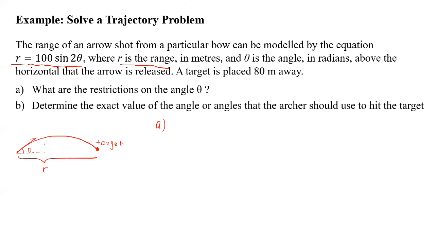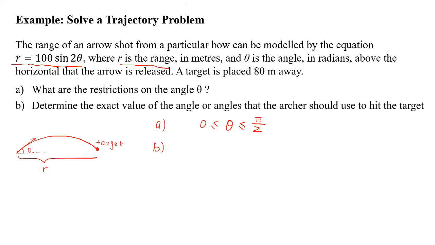And the minimum value can be 0. So the restrictions on angle theta is from 0 to half pi, right? If theta is half pi, the arrow just travels straight up, right? Okay, so the restrictions on angle theta is from 0 to half pi inclusive.